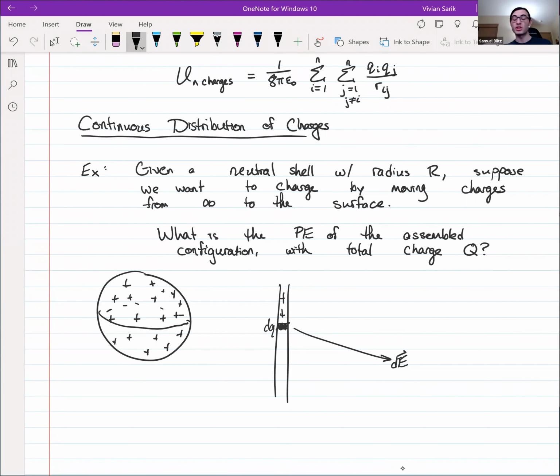So we're going to do the same thing here. We're going to assume the sphere has some amount of charge already on it, and then we're going to ask how much does adding an infinitesimal chunk of charge to it increase the potential energy by.